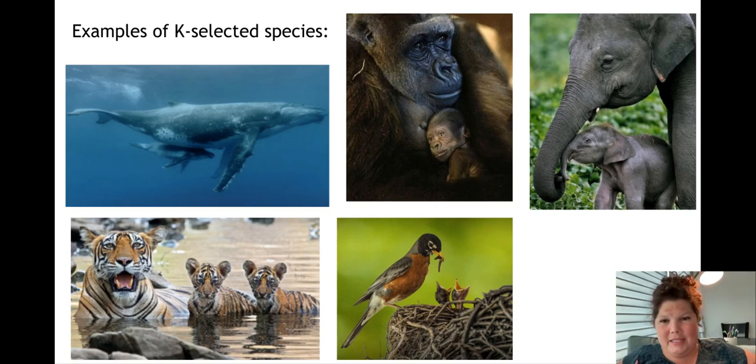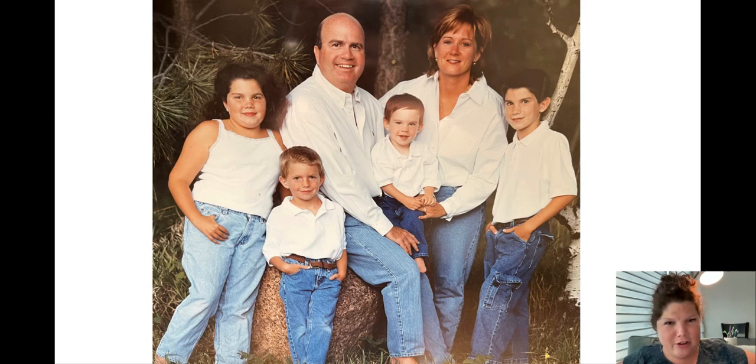Examples of K-selected species: whales, apes and gorillas, elephants, another great example where almost the whole herd takes after these little baby elephants, tigers, and even robins. You see a lot of robins that are spending lots of time taking care of their youth. Now, as I mentioned, humans are another example. This is my little family here and my two parents keeping track of this brood here.